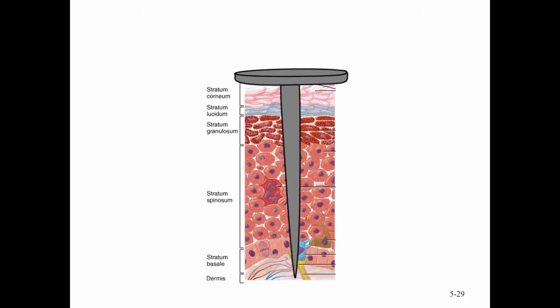And so the layers that that nail is going to go through are, we start off with the stratum corneum, then we go into the stratum lucidum, then the granulosum, then the stratum spinosum, then the stratum basale, and then all the way down into the papillary layer of the dermis. So in that case, if we pulled that nail out, we would definitely be bleeding.